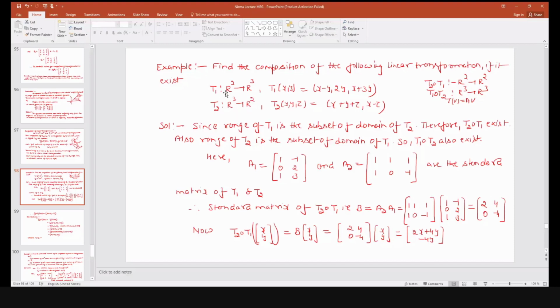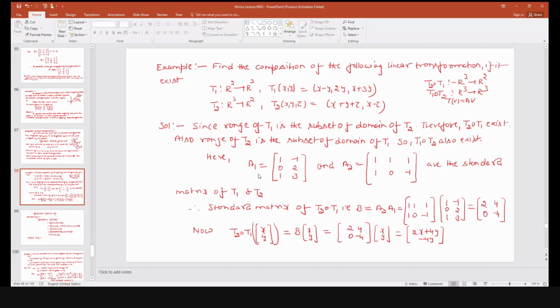Therefore T2 ∘ T1 exists. Also the range of T2 is a subset of R2, and R2 is the domain of T1, so T1 ∘ T2 also exists. Got it? So both T2 ∘ T1 and T1 ∘ T2 exist in this case. Let's calculate T2 ∘ T1.